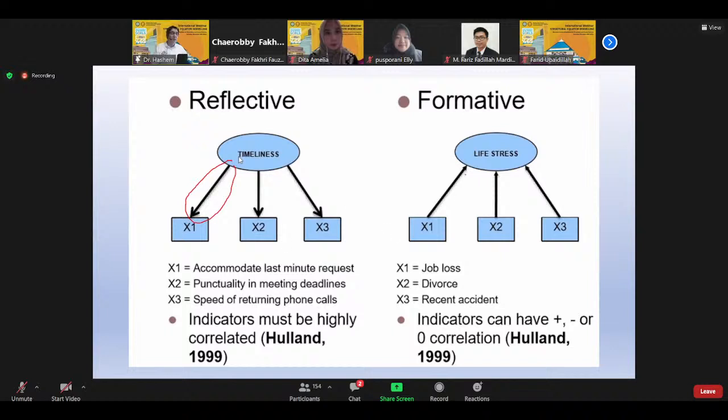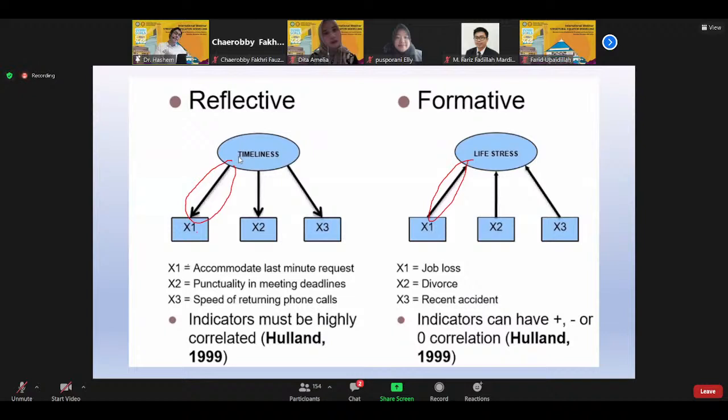Here, X1 affects the latent variable, life stress, rather than the measurement variable. So when the direction of the arrow is from latent to measurement, this makes it different.